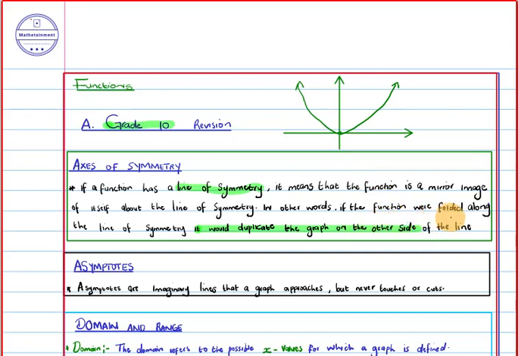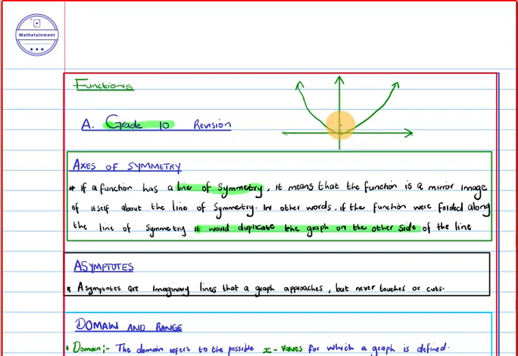When you fold along the line of symmetry, it should duplicate the graph on the other side of the line. When you close it, this side should lie exactly on top of this one, and this side also will lie exactly on top of that one.